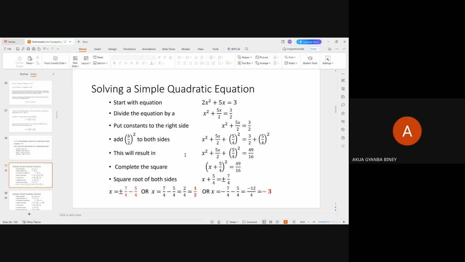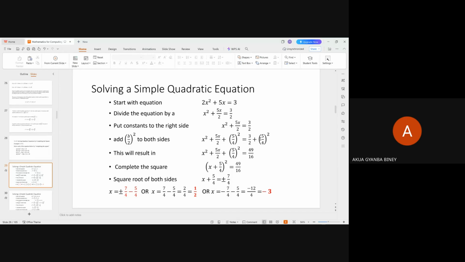The left hand side still remains the same. Simplifying what is on the right, you get 49 over 16. What I did here is 3 over 2 plus 25 over 16.